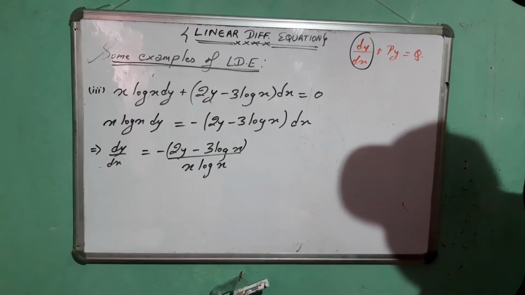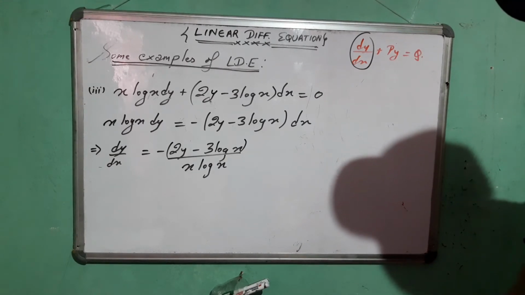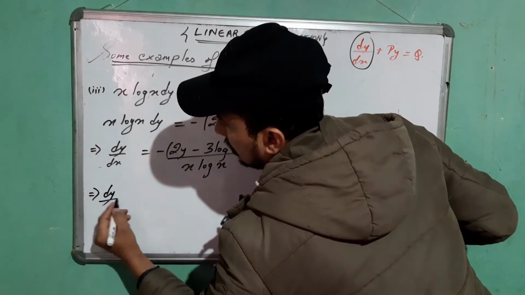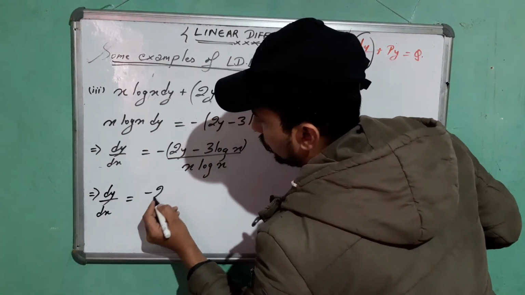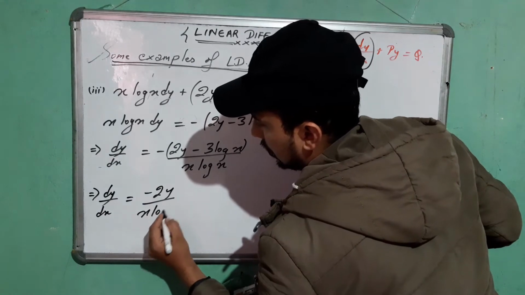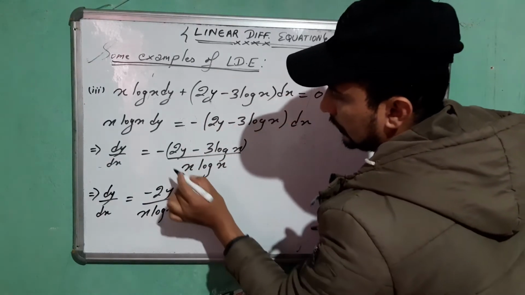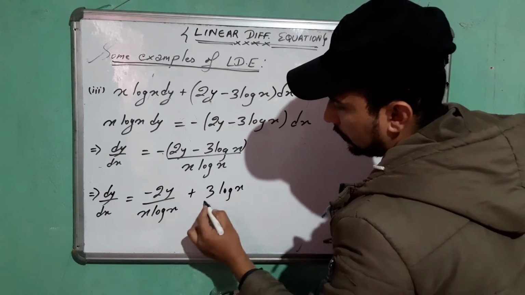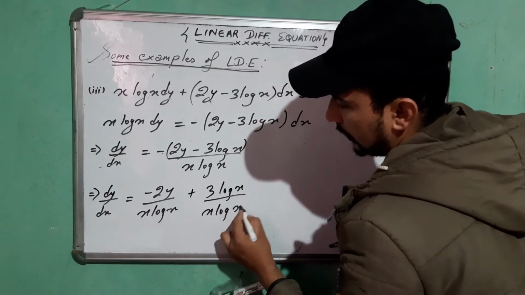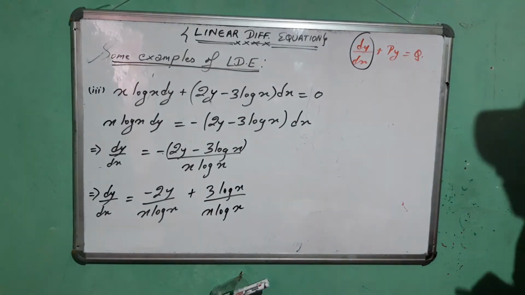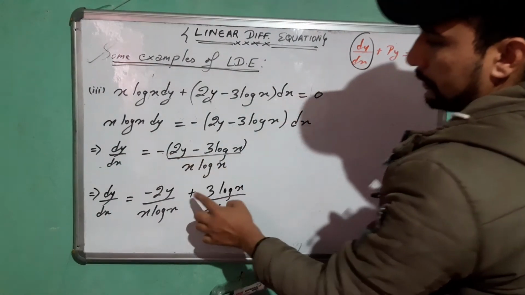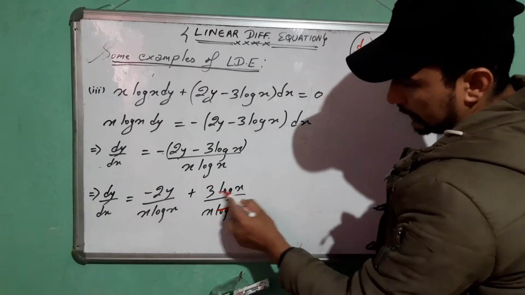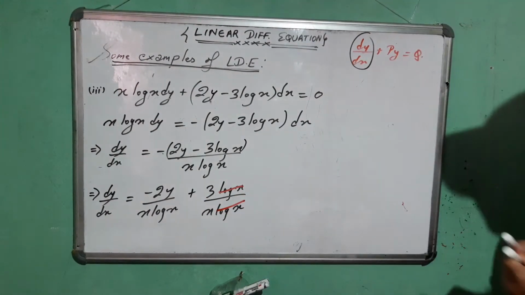Now what we can do is, I'll split this. dy/dx is equal to minus 2y upon x log x, this minus minus plus 3 log x upon x log x. Splitting the LCM, minus minus, you'll have plus here. For this, we can cancel this part and this part, log x and log x we can cancel.